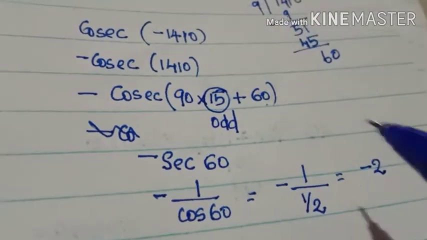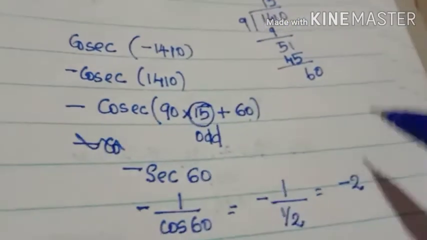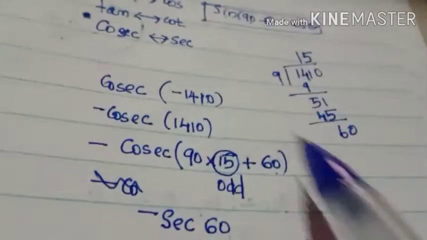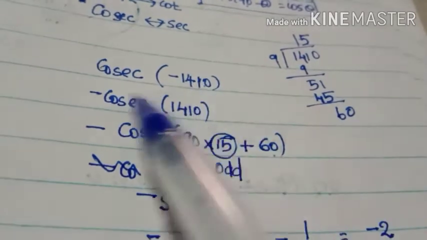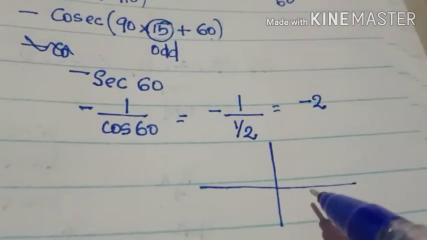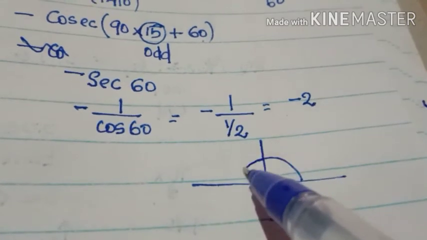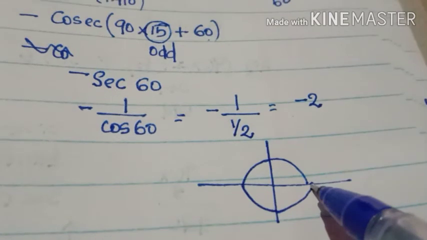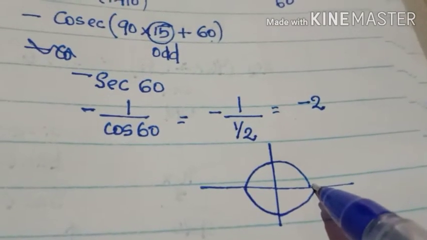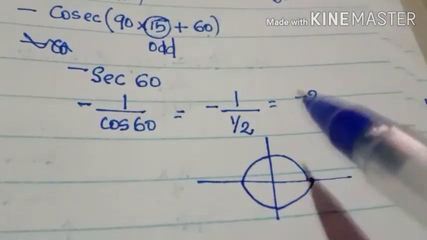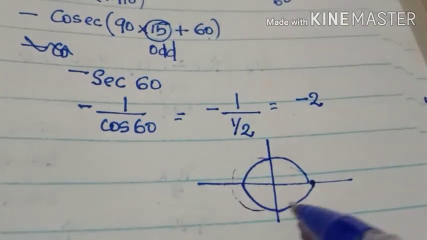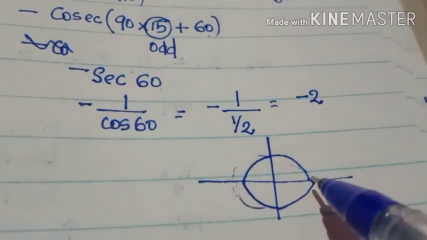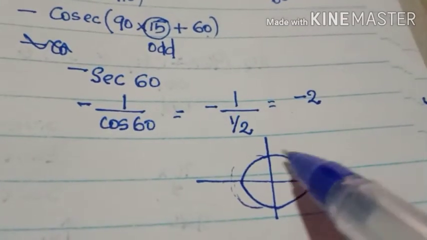Also listen, the given angle occupies which quadrant? Just to avoid this negative sign, 1410. So this is 90, 90, 90, 90. So 4 90s are 360. Okay, so 1590 we have to count. 4, again 4 is 8, plus 4 is 12, plus 4 is 16. Okay, so 12 plus 4.